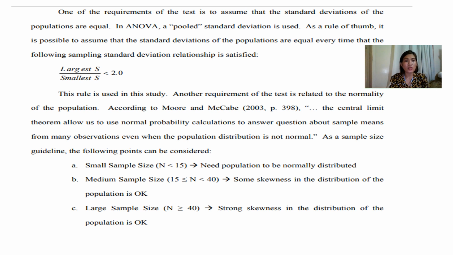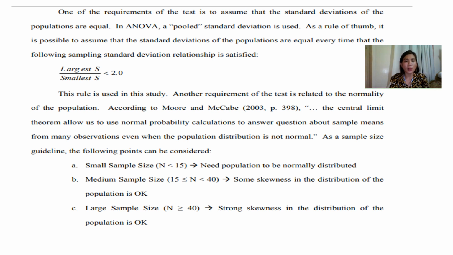A. Small sample size, where n is less than 15, needs the population to be normally distributed. B. Medium sample size, where n is greater than or equal to 15 but less than 40, some skewness in the distribution of the population is okay.